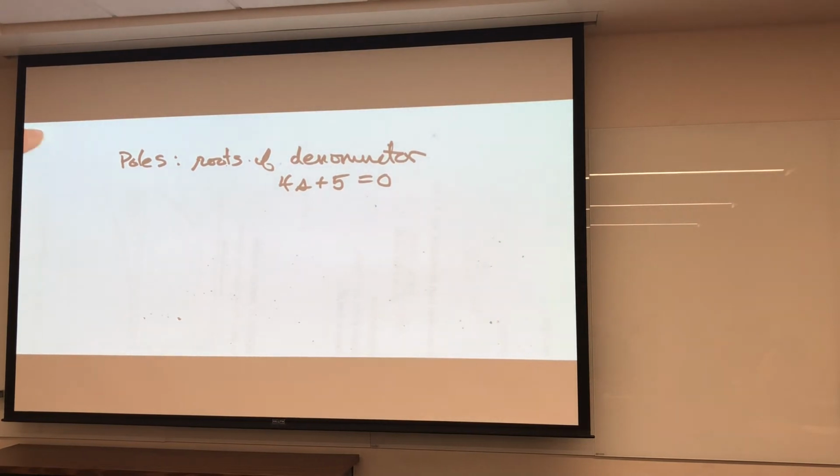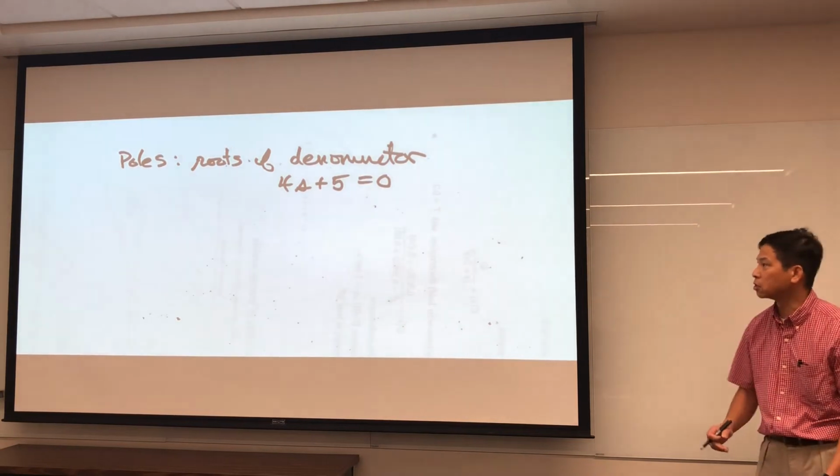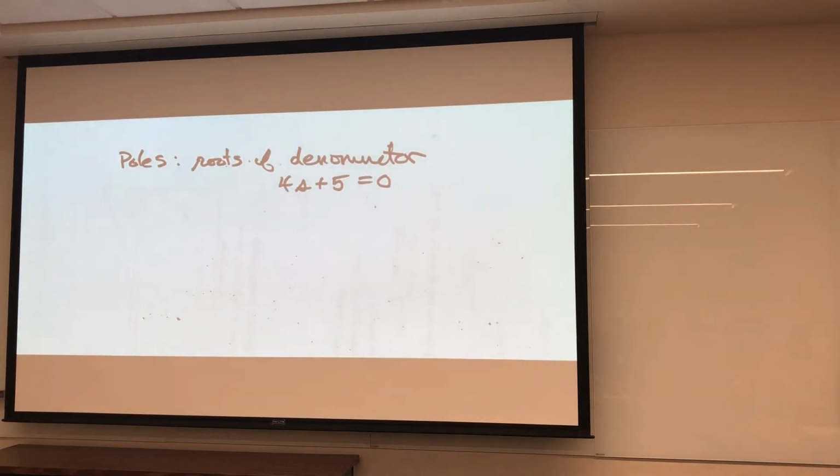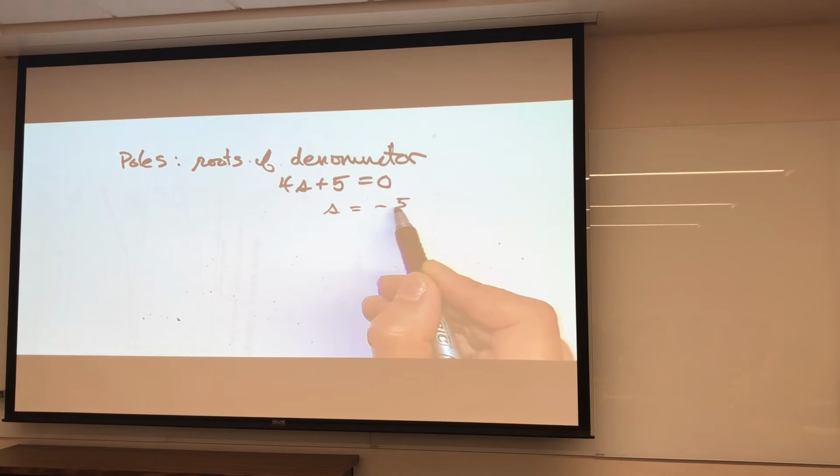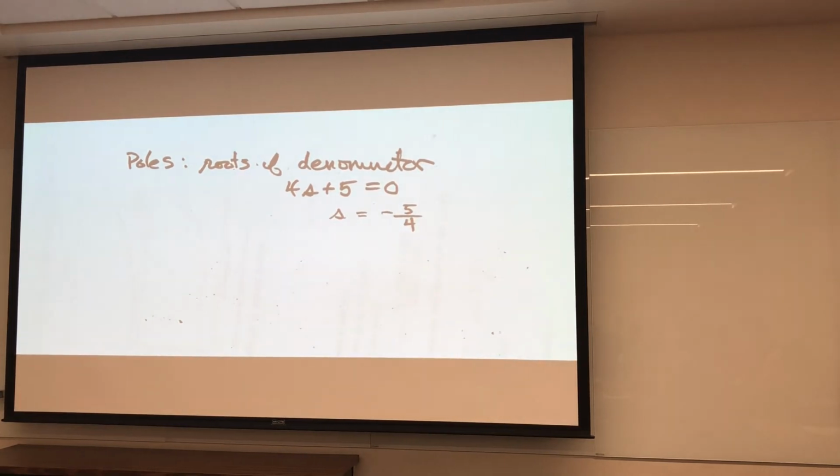Later on in the semester, we're going to talk about the roots of the numerator. They have a different name; they're called zeros. Roots of the denominator are called poles. In this case, I need to do a little bit of algebra, and I get s is equal to minus 5 over 4.